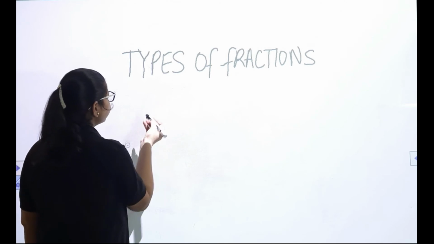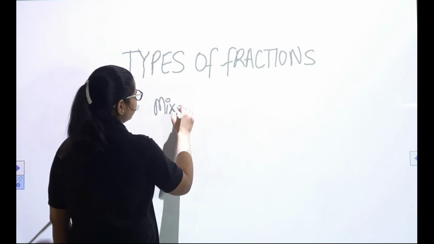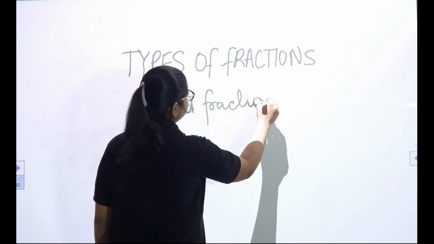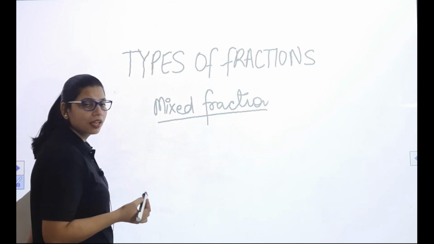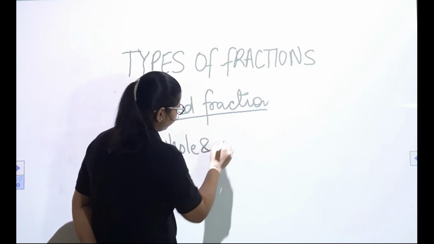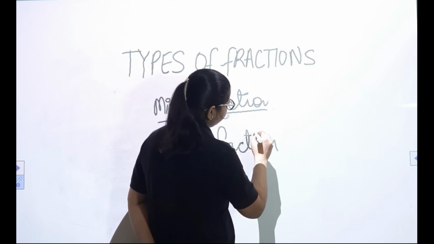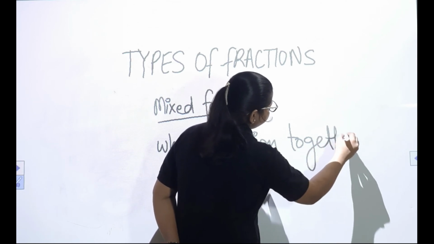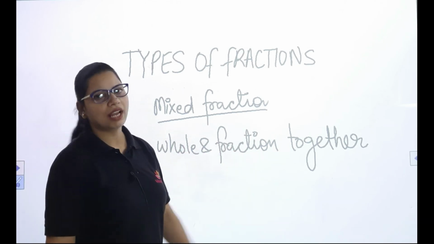Now, a mixed fraction is a fraction that contains a whole and a fractional part together. That's why it is a mixed fraction. Why are we calling it a mixed fraction? Because it contains whole and fraction together.